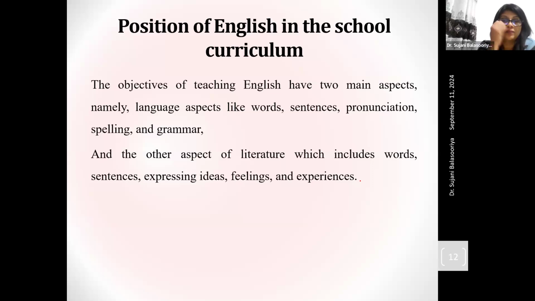That means in the school curriculum, there is a subject called English. And at school, teachers are teaching English as a subject. This teaching of English starts with the support of textbooks from grade 3, right? From grade 3, students start learning English systematically, methodically. And up to which grade do you think?